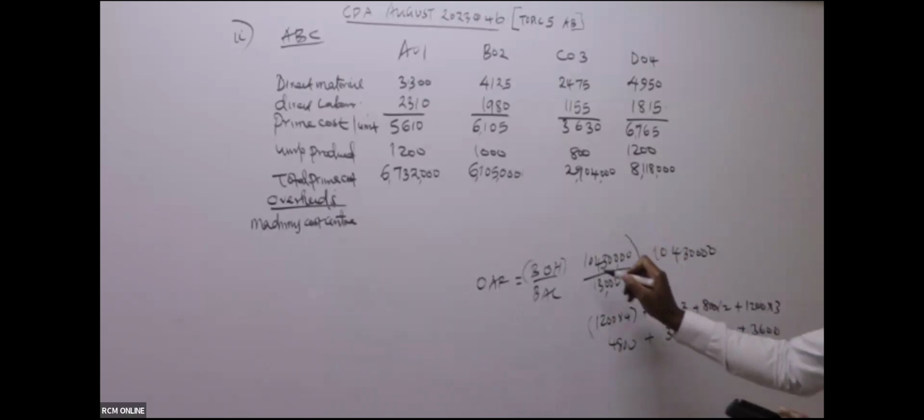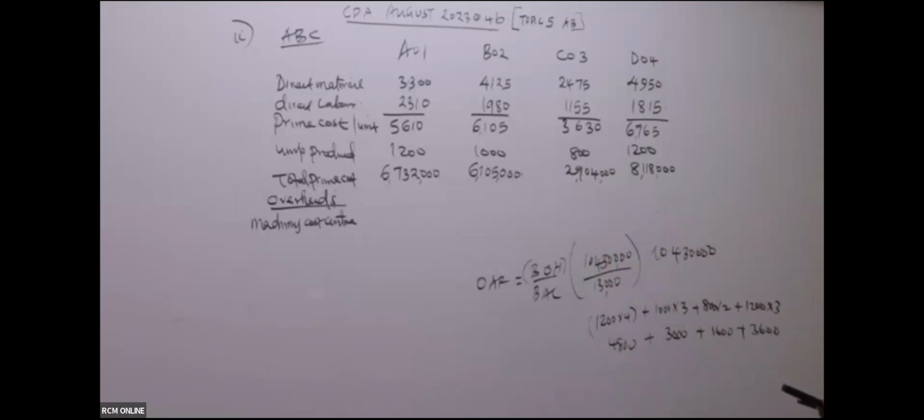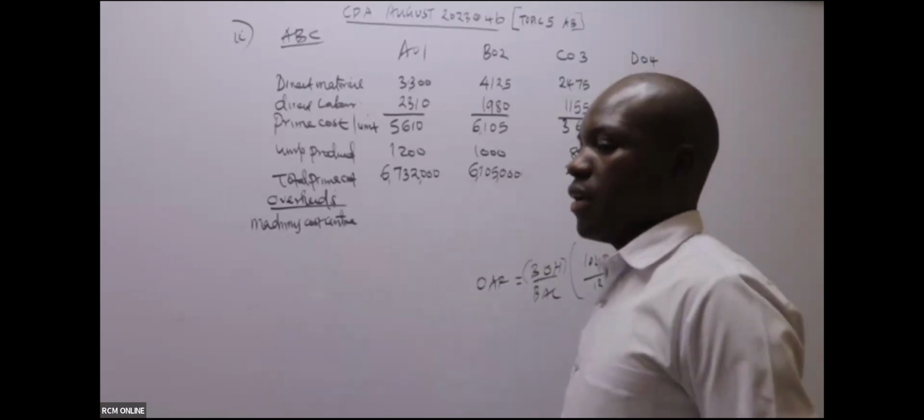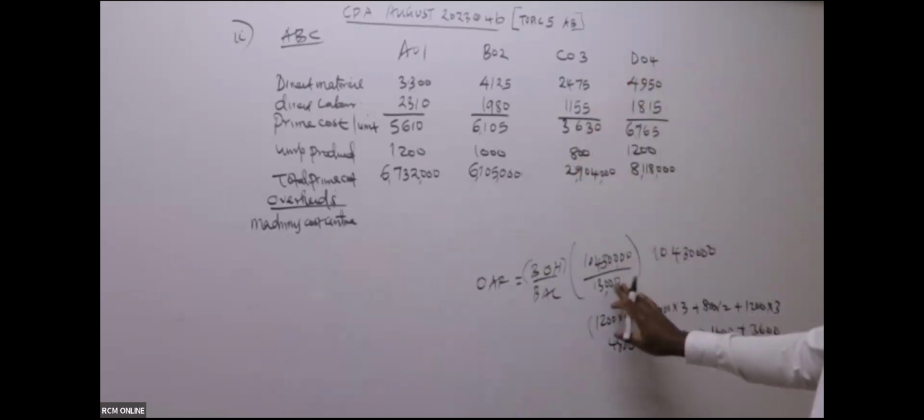Now, what is our overhead absorption rate for machinery cost center? Overhead absorption rate for machinery cost center. When you take 10,430 divided by 13,000, what are you getting?